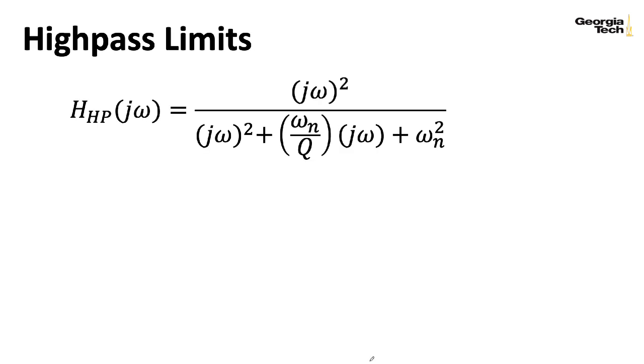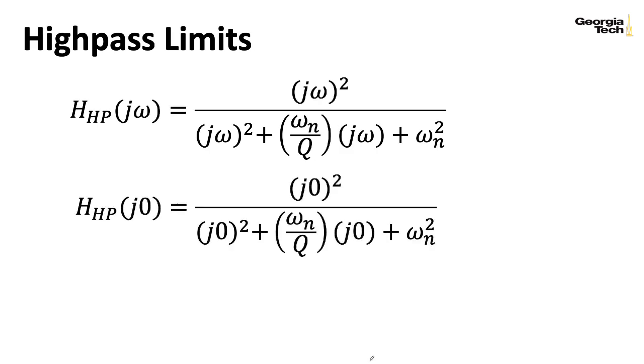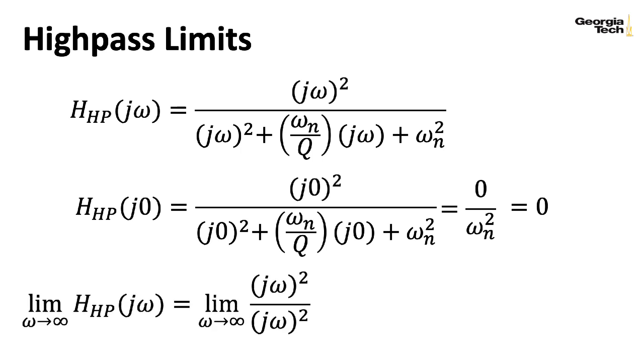Okay, you know the drill by now. We plug in 0 for omega and see what pops out. We get 0 over omega n squared, which gives us 0. So the high-pass filter at DC gives us 0, which makes sense. What about the case as we let omega go to infinity?